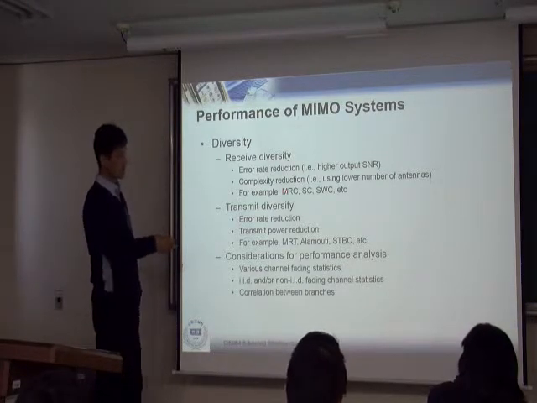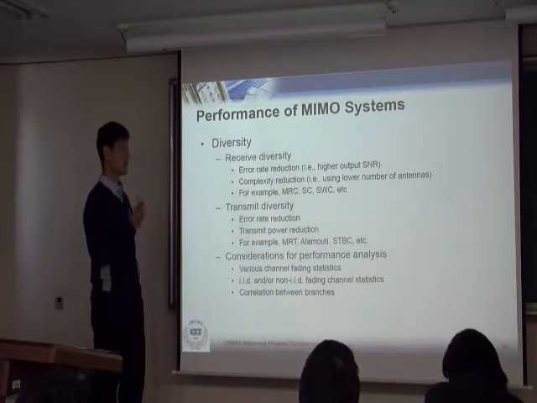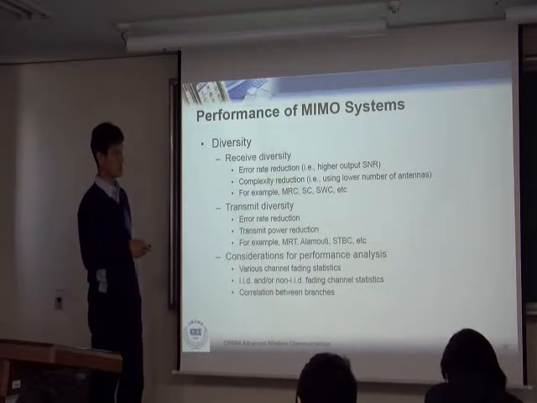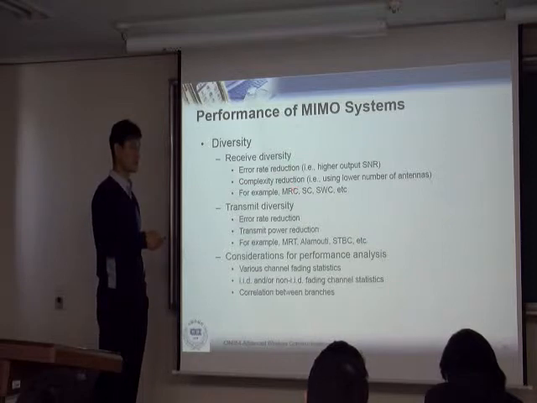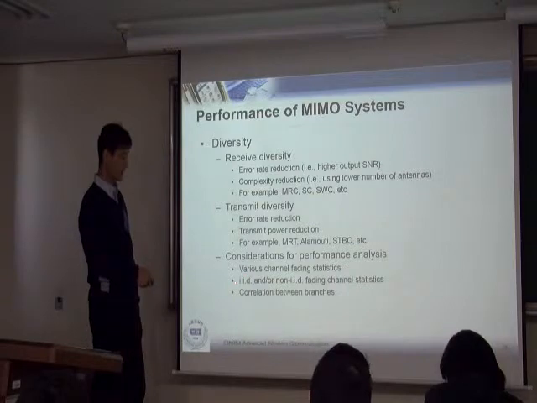Let me give you one example. Let's say I pick MRC as my system. I want to look at the performance of MRC. Maybe the first person who proposed MRC made a very simple assumption and then made a performance analysis. That simple assumption could be IID. What is IID?